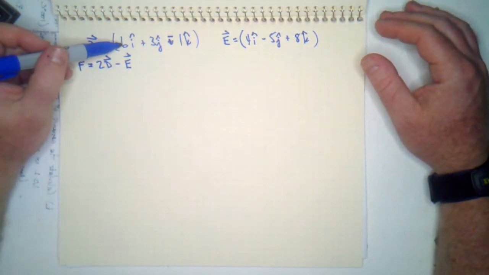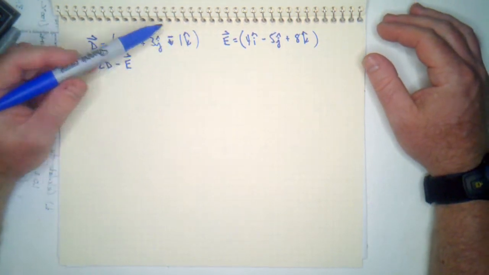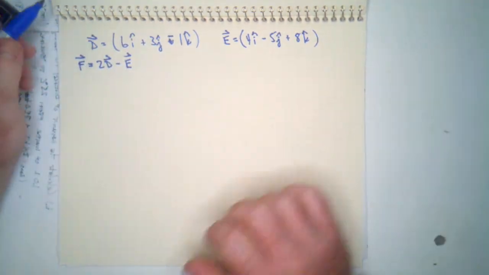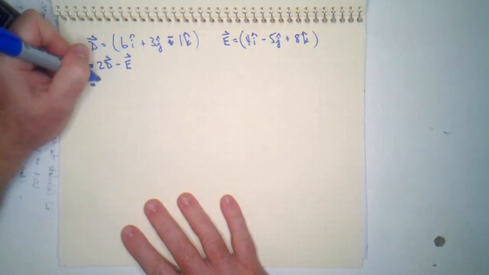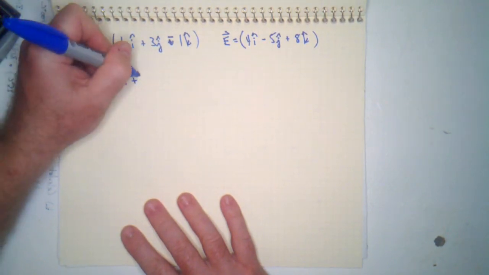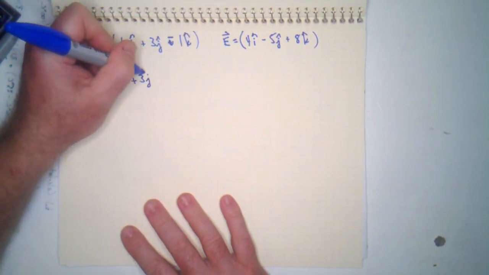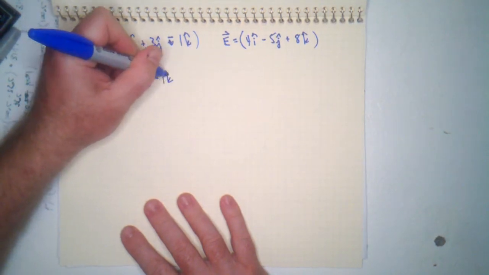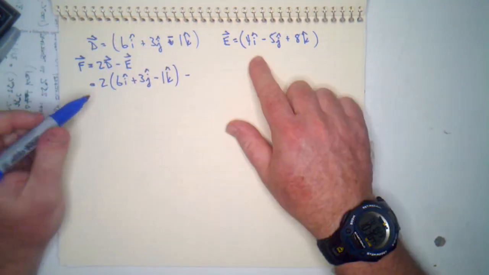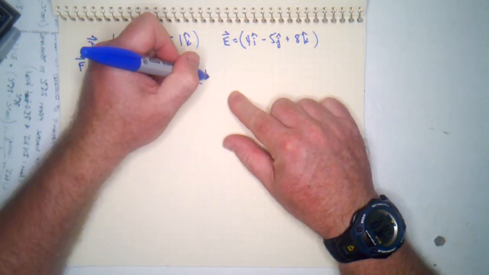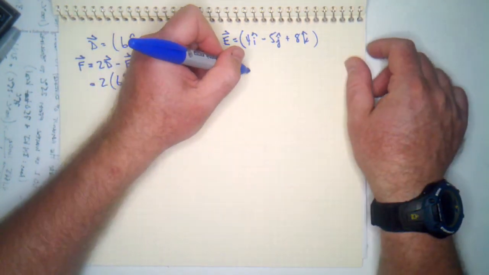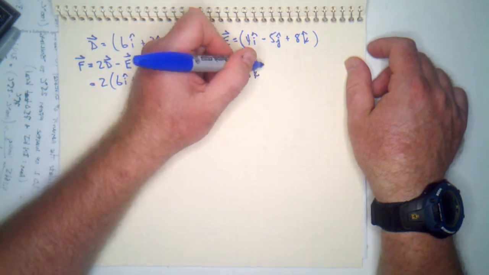So, if D equals 6i plus 3j hat minus 1k hat, we've got to multiply this by 2 and then subtract vector E. Well, we can just substitute in. 2 times 6i hat plus 3j hat minus 1k hat minus vector E, which we can just copy down here: 4i hat minus 5j hat plus 8k hat.